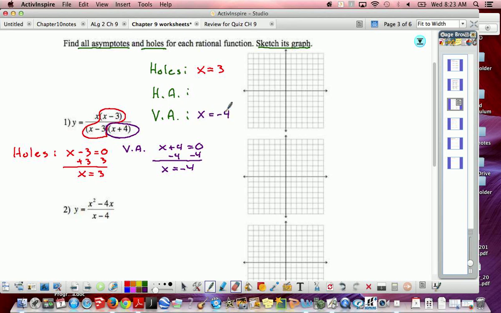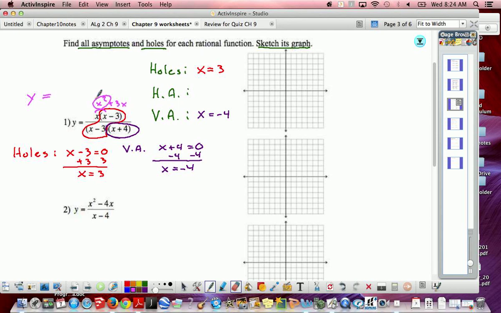For my horizontal asymptote, that's where we do the power test. Basically, to get the horizontal asymptote, y equals the highest degree term of the numerator divided by the highest degree term of the denominator. If I were to distribute here, I'd have x squared plus 3x.